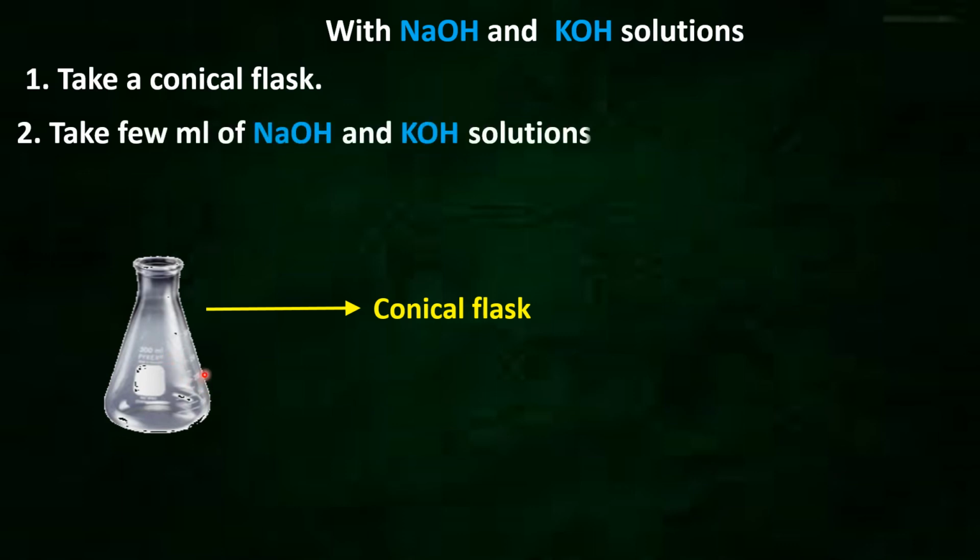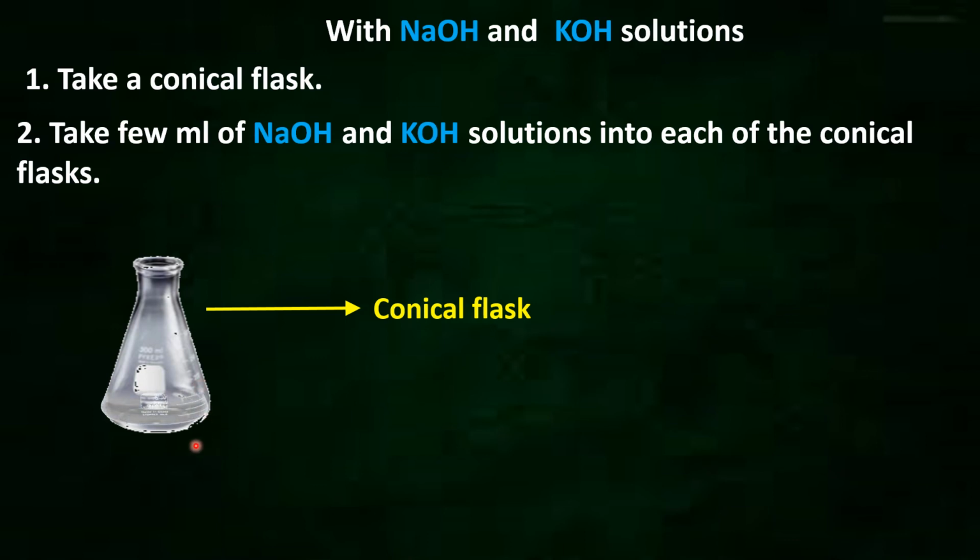So for these solutions also we have to test them with phenolphthalein and then methyl orange indicators. So in the previous cases we have seen for 4 solutions, and let us see for the other 4 solutions.